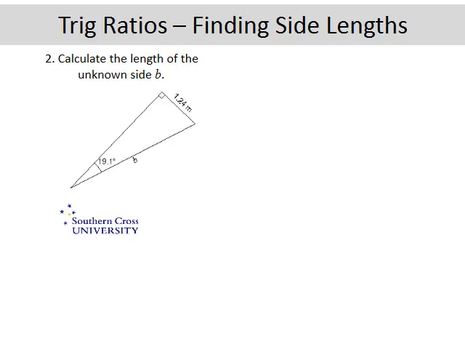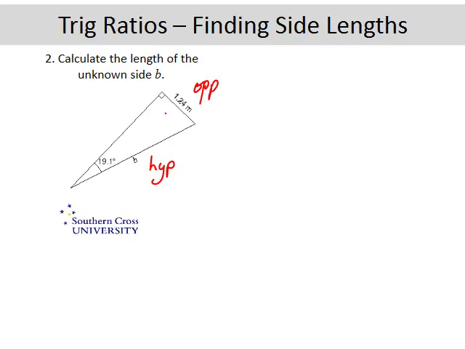In the next question, we're finding the unknown length b, and this is a slightly harder problem because b in this one is the hypotenuse, and when you've got an unknown hypotenuse, when you substitute in, you've got an unknown in the denominator, and that's always a little bit trickier. But let's keep going. And the 1.24 side is the opposite.